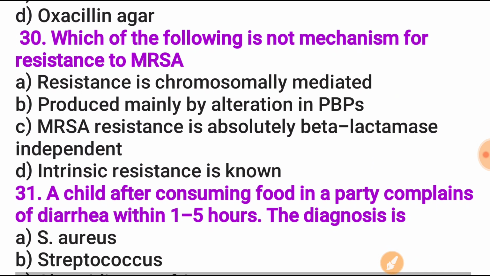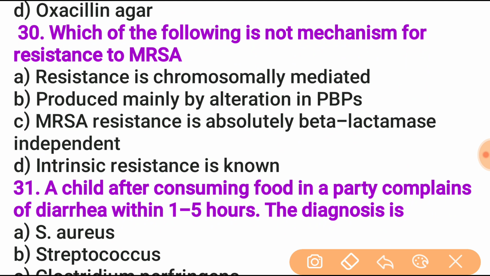Next: which of the following is not a mechanism of resistance in MRSA? Here we are asked about the not mechanism. Resistance is chromosomally mediated, produced mainly by alteration in the PBP, MRSA resistance is absolutely beta lactamase independent, and intrinsic resistance is non.